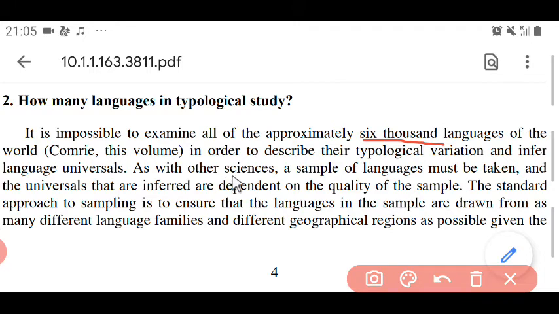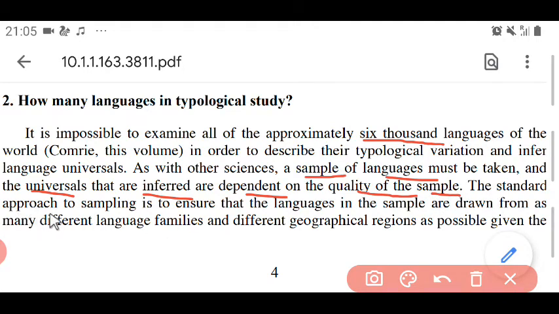As with other sciences, a sample of languages must be taken, and the universals that are inferred are dependent on the quality of the sample.